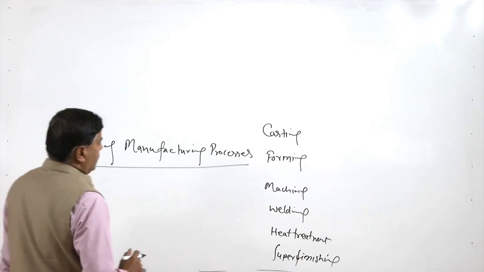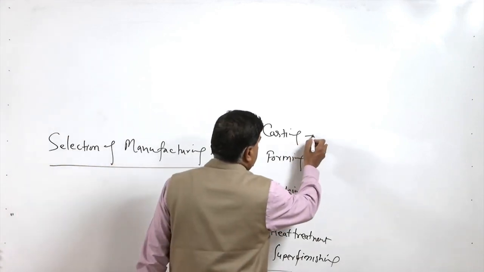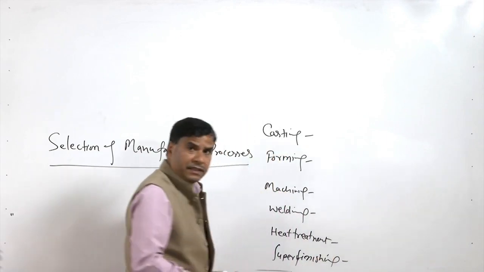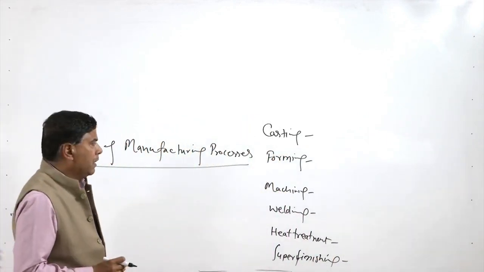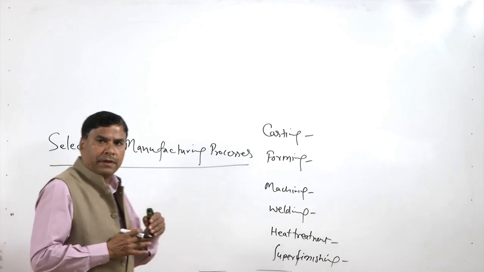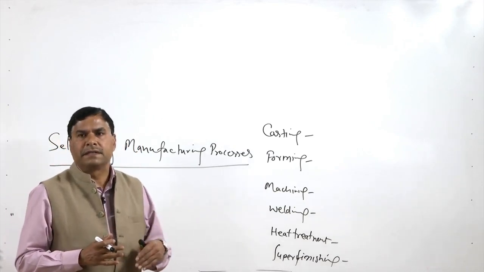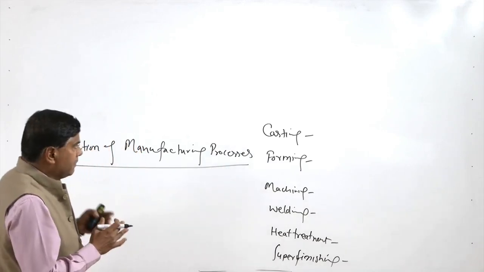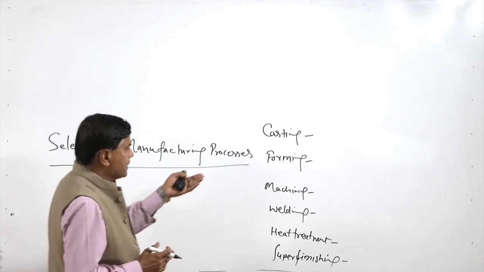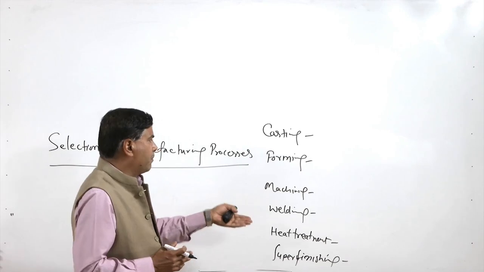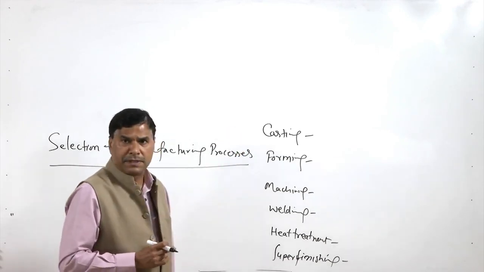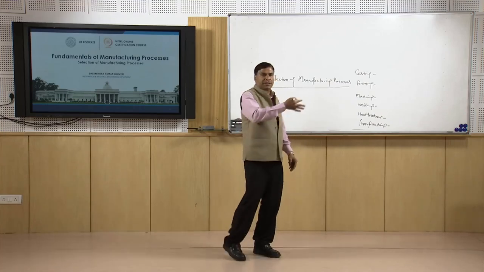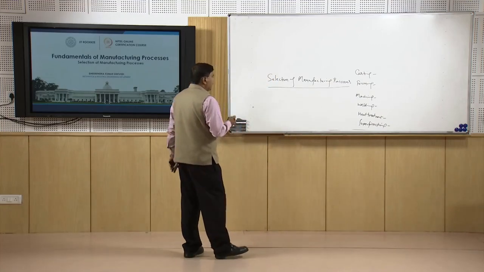Since each process works on a different approach for achieving the desired size and shape, the mechanical, physical and chemical properties of the material to be processed significantly affect the success of the processing by a particular process, or the productivity associated with the particular process for achieving the desired size and shape.